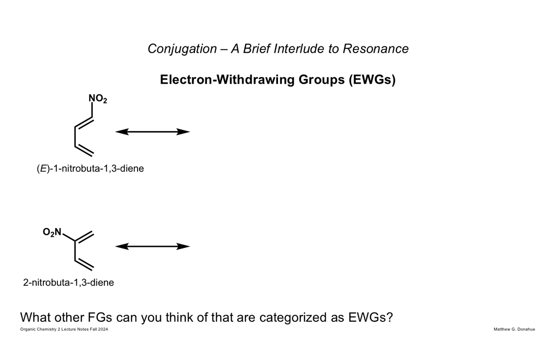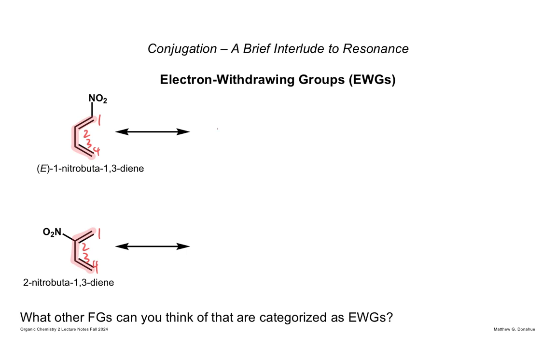We're going to keep the diene part the same. But now we're going to use an electron withdrawing group at the 1 position, and then in the second case, it's at the 2 position.